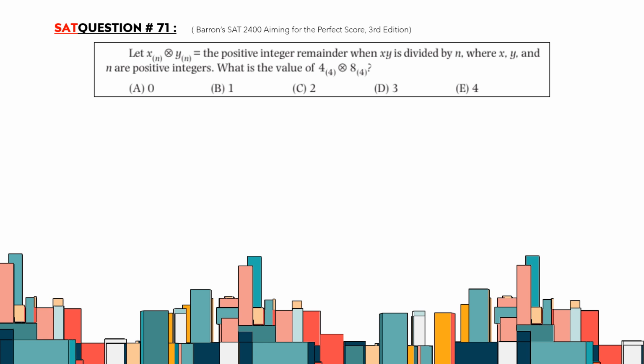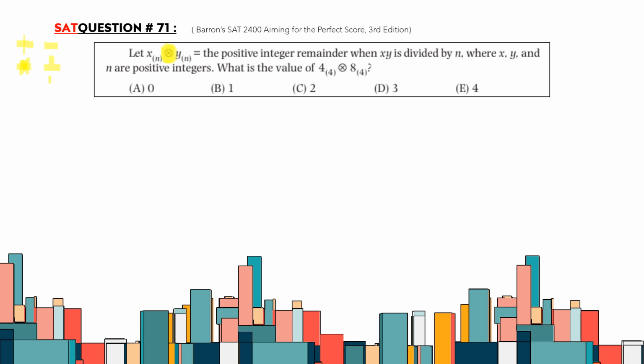You might see weird operations like this. I call it cross because I see a cross sign, but you can call it anything you like to describe that operation. It's not the addition, subtraction, multiplication, or division that we usually see.